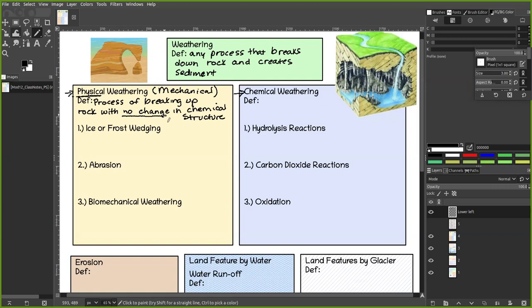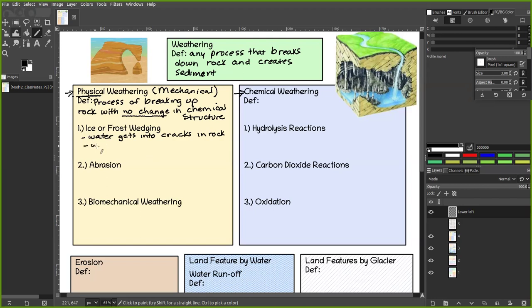Now, one method of physical weathering is ice wedging or frost wedging. And what's happening here is that water gets into cracks in the rock. And then what happens is that water freezes.